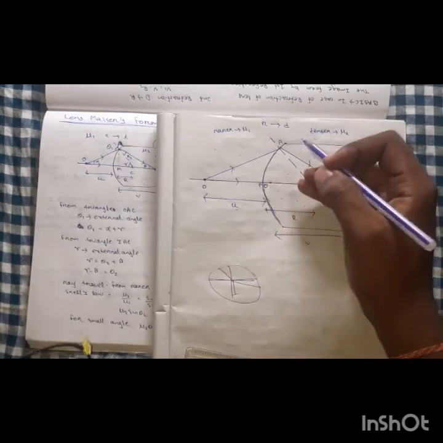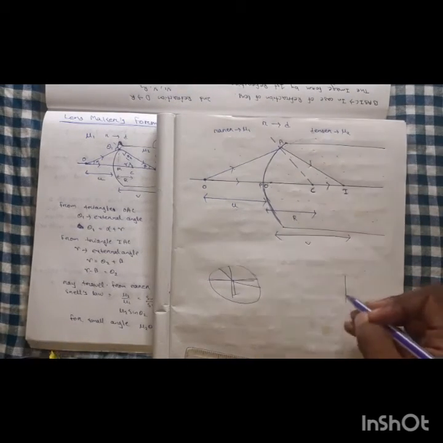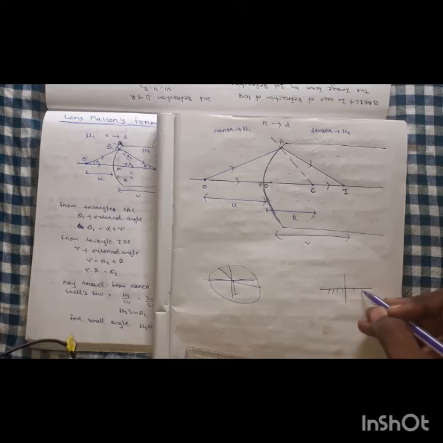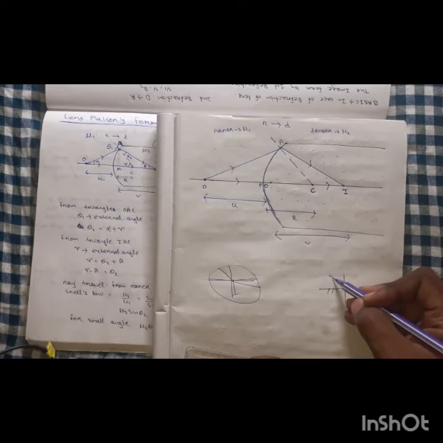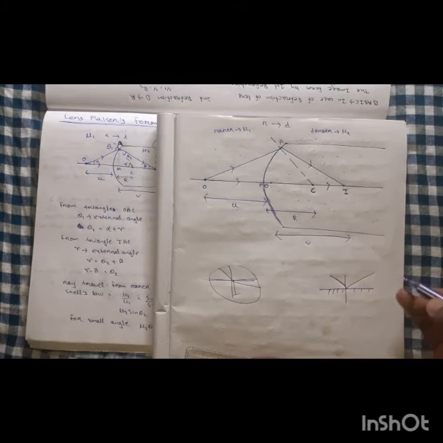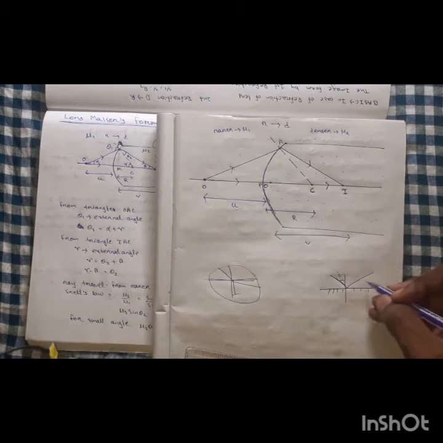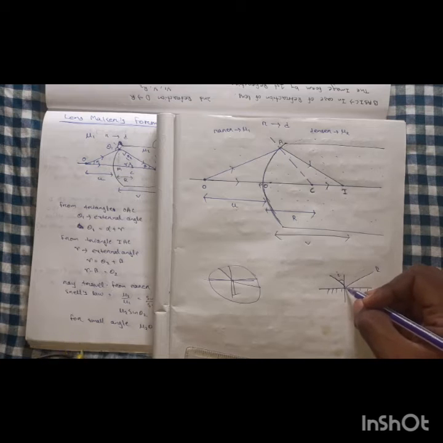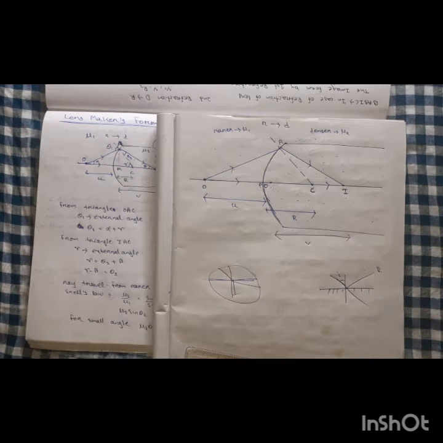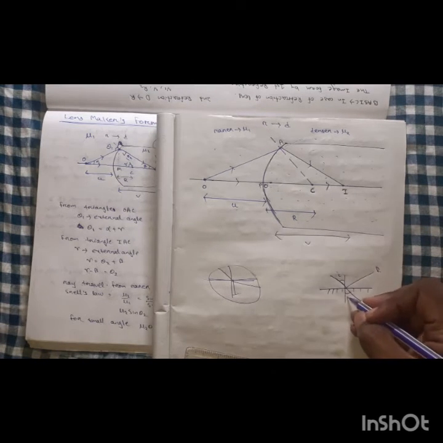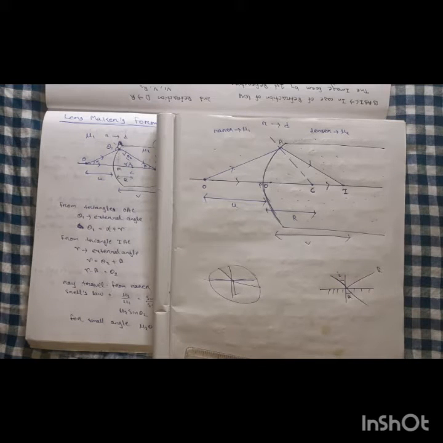Always, here is the plane, the mirror, the normal, the incident ray and the refracted ray. So it is the reflected ray or the refracted ray, you can say either. Then this will be the refracted angle.